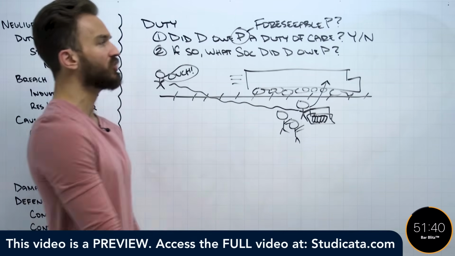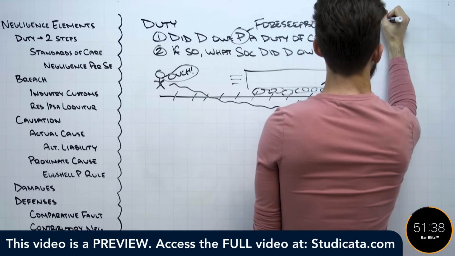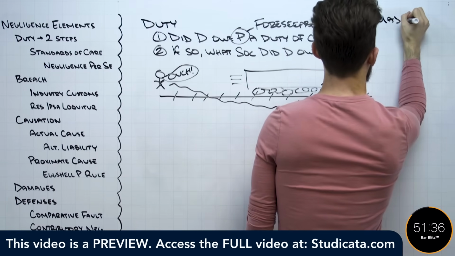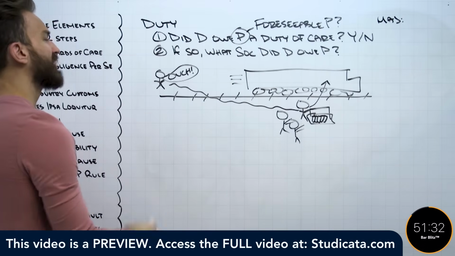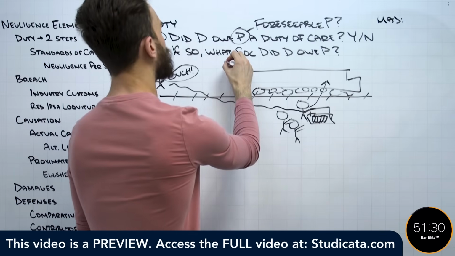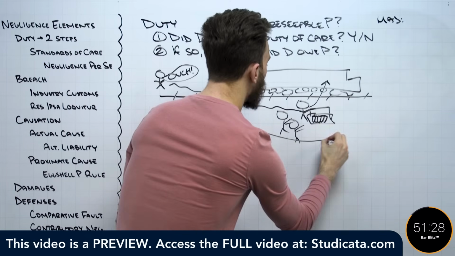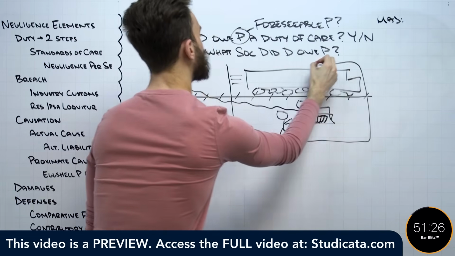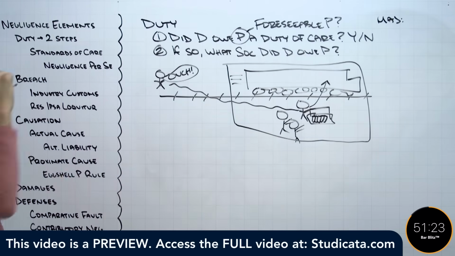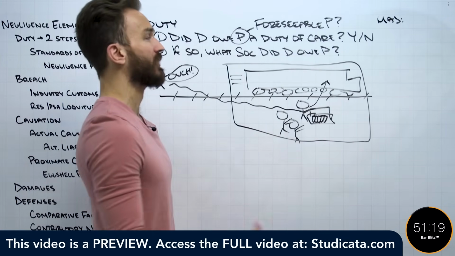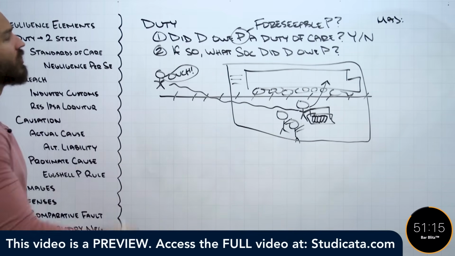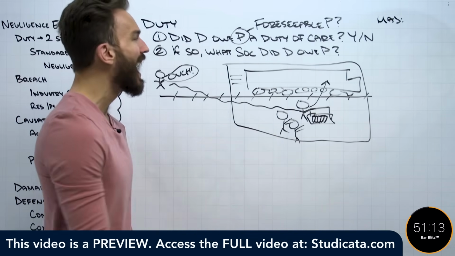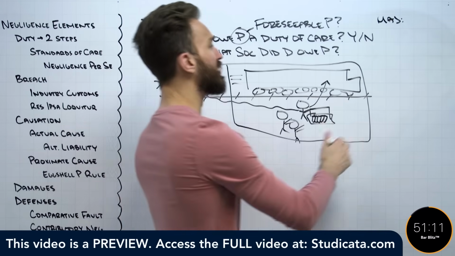According to the majority opinion written by Justice Cardozo, Miss Palsgraf is really outside the zone of foreseeable danger. So because Miss Palsgraf is outside the zone of foreseeable danger, she's really not a foreseeable plaintiff. So the railroad company did not owe Miss Palsgraf a duty of care.